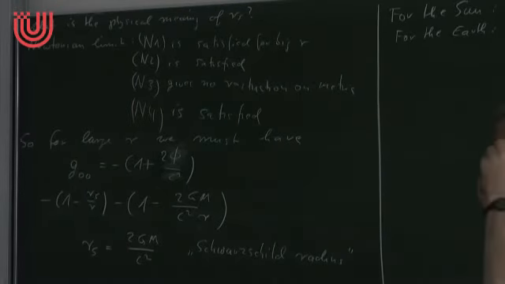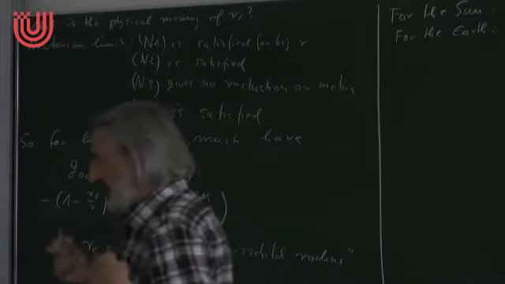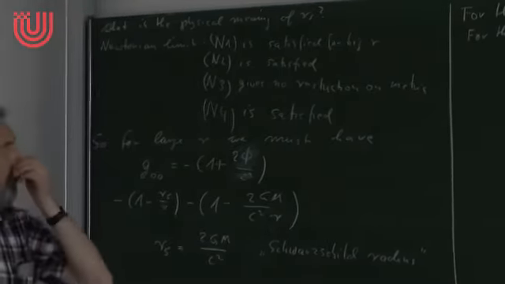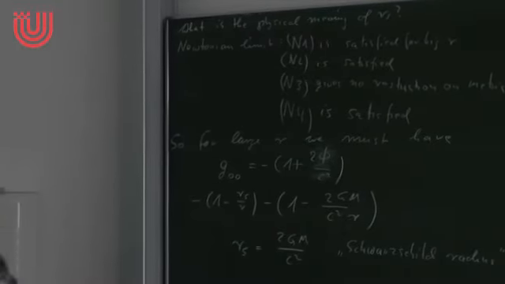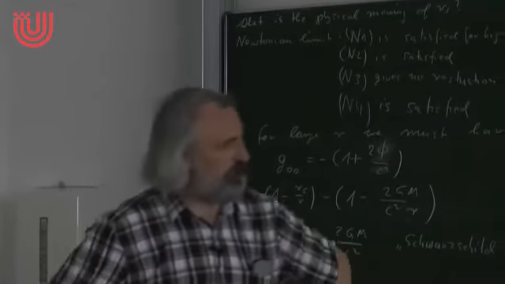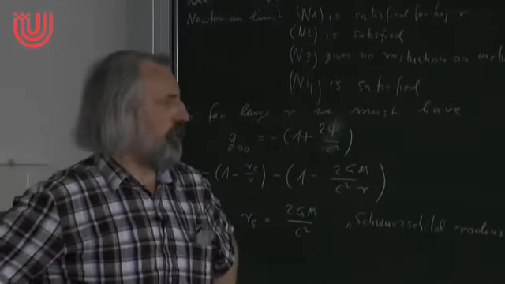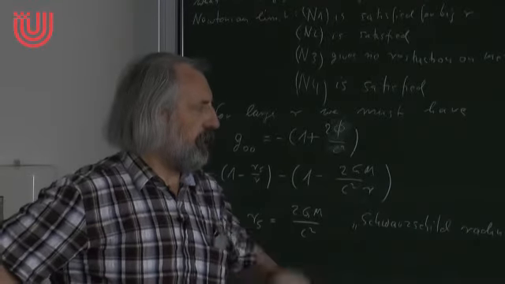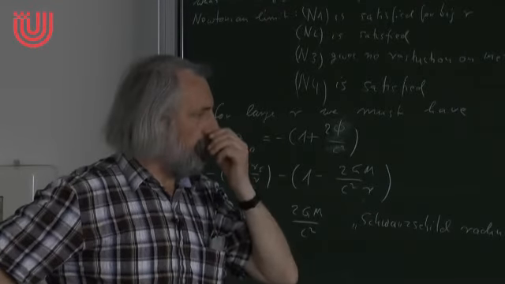But of course we can think of a hypothetical celestial body whose actual radius is smaller than the Rs. And then we have to discuss what happens at R equal Rs. This will lead us to the notion of a black hole.